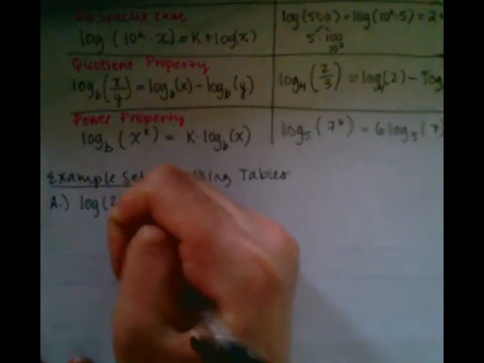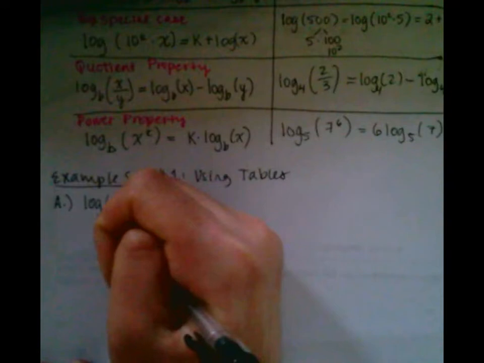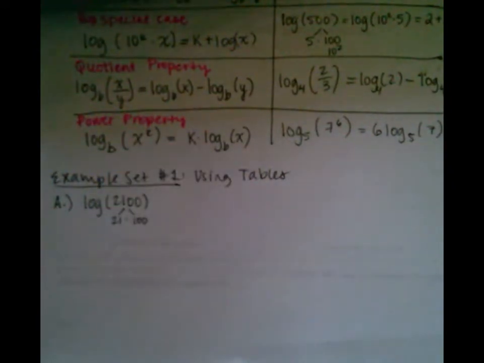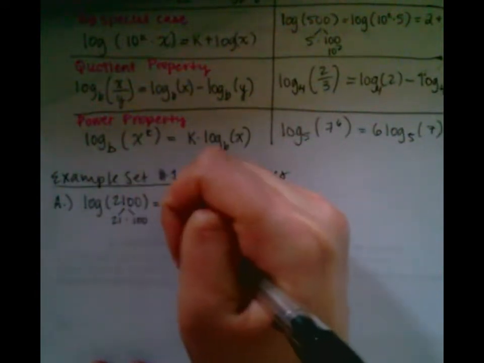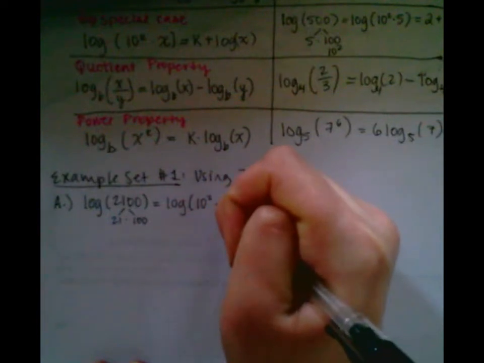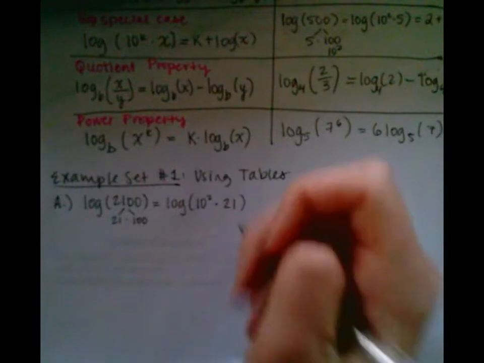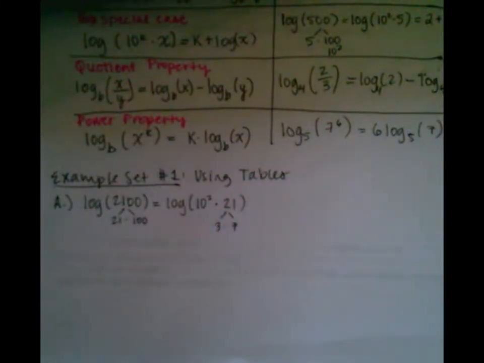I see the 2 zeros means this is 100 times 21, right? And then 100 is 10 to the 2nd power. So I can think about this as log of 10 squared times 21. Now 21 is still not in my table, but I know 21 is 3 times 7, and those are both numbers in my table.